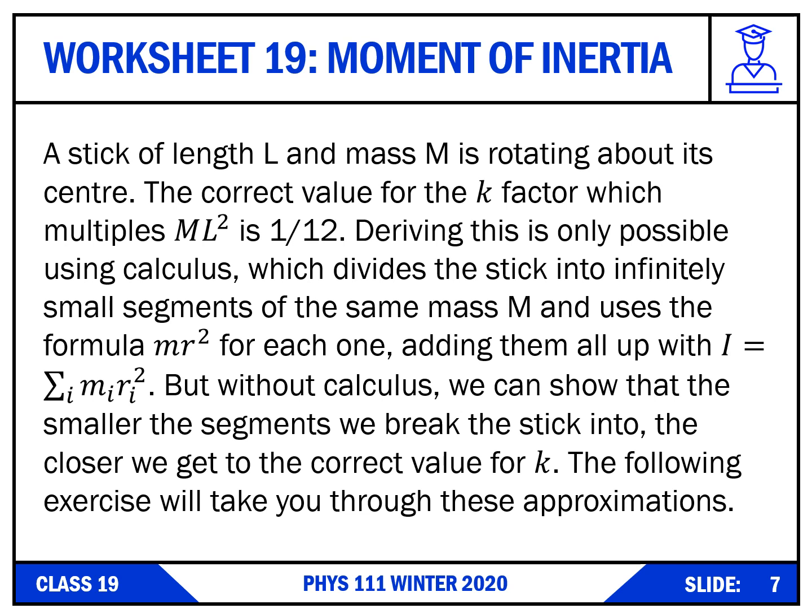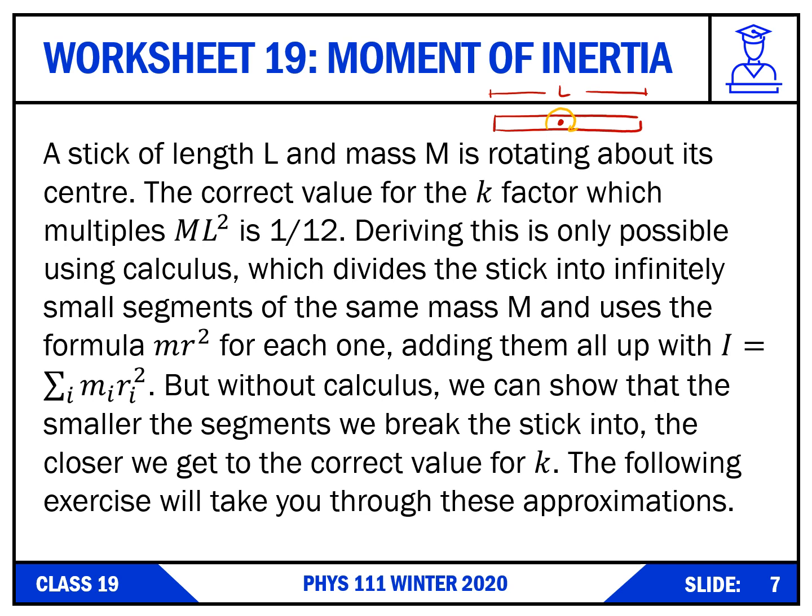So keep in mind you have a stick that's a length of L, and the center of mass of that entire object is probably right smack in the center of it. It's also saying that this stick is rotating about its center, so we can assume that it's rotating around this center.